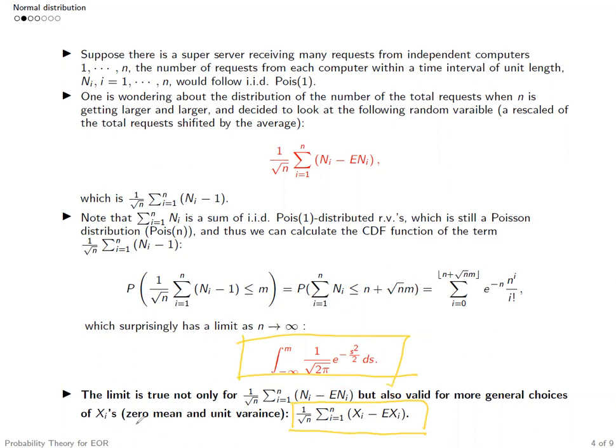So as long as the X_i's are, say, IID with zero mean and unit variance, this serves as a very nice approximation for the distribution of such a monster. And the integrand inside here is the PDF function of the normal distributed random variable.